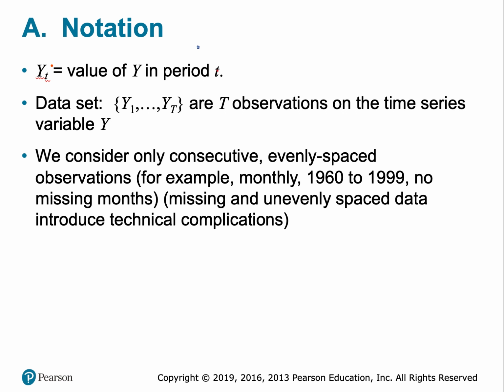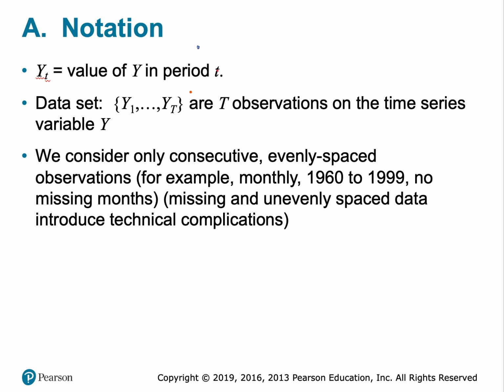Let's define yt as the value of y in period t, and let our data set be a set of observations on y1 through yT when there are T observations on the time series variable y.